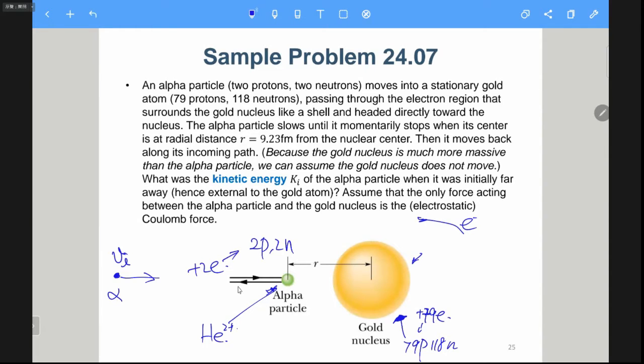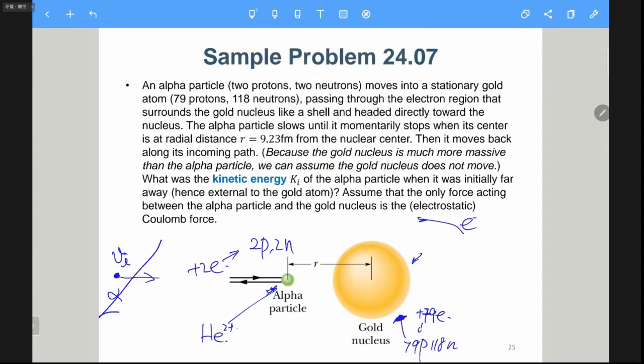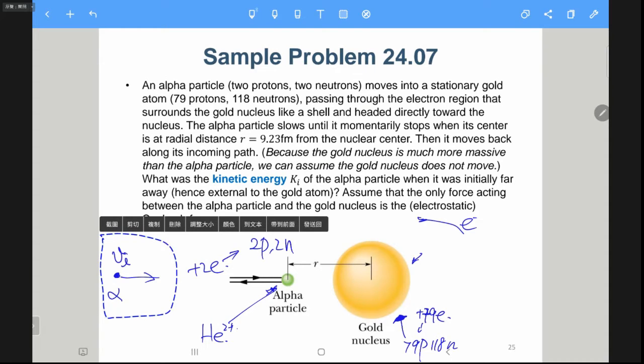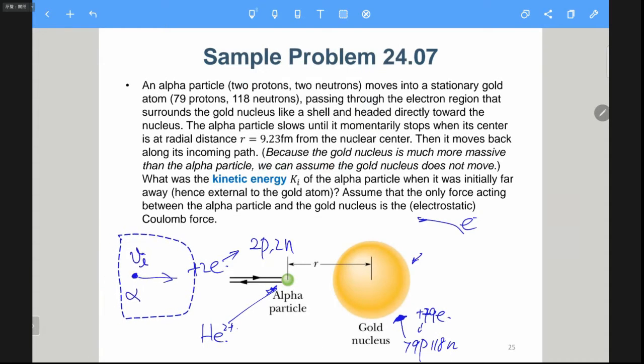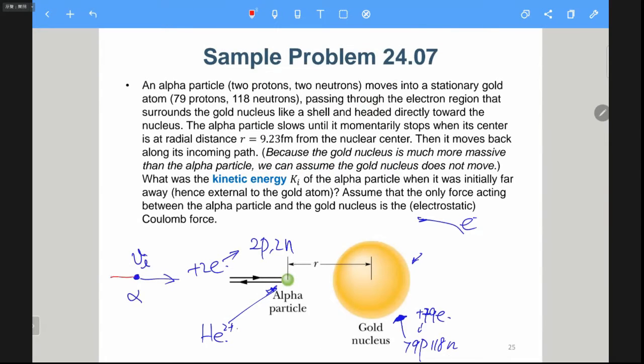So there will be a force, the Coulomb's force, acting on it, which means that the velocity will become smaller as it is approaching the gold nucleus.